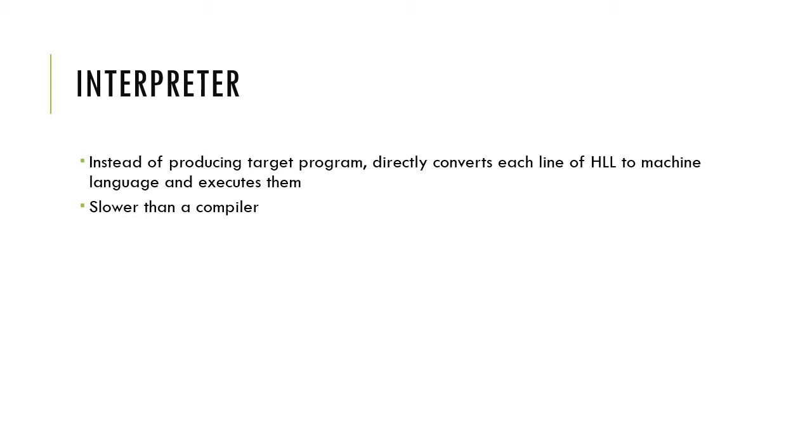But there are advantages also. If you work on Java, you will find that Java uses an interpreter, and the Java interpreter has many optimizations built into it, which makes it comparatively faster. So that is an interpreter.